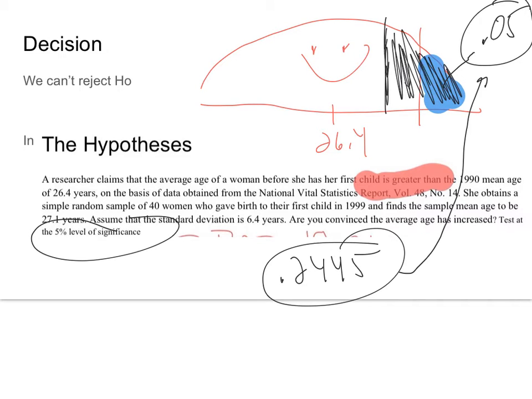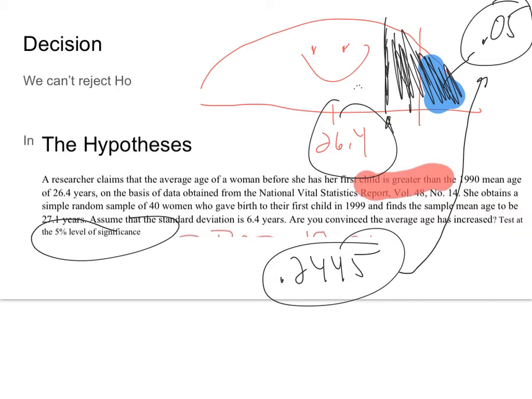So you see how that's not in that rejection region. This test result is still in the place where we can't reject H0. It's not a rare enough event, or unusual enough, to say that this is a very strange sample if we're comparing it to the 26.4. It's perfectly explained by sampling variation.